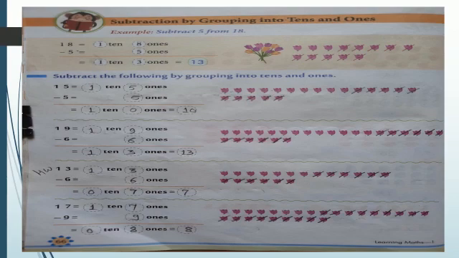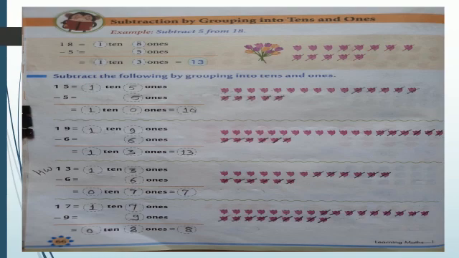So what we do? We can cross 5 flowers from both the groups. Yes, if we cross 5 flowers from both the groups, what is remaining? Yes, what is remaining? Count the number of flowers. Yes, the number of flowers are 13.